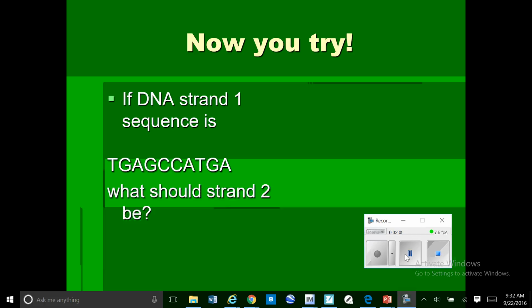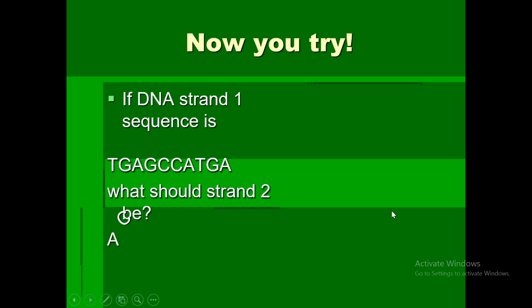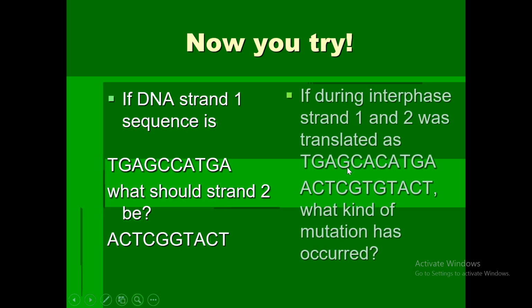All right, let's check your understanding. You should have selected this because we know that apples in the tree, cars in the garage, and that should have been all well and dandy. Now, the process of the cell cycle is when your DNA actually copies itself in the process of interphase, which we'll talk about after midterms.